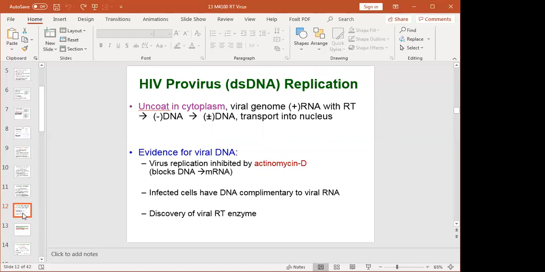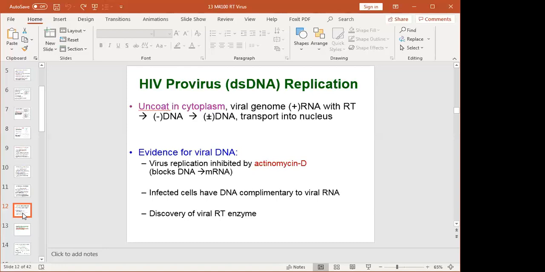HIV provirus is a double-stranded DNA. How does it replicate? So the virus gets into the cell. It uncoats in the cytoplasm, meaning that the capsid and the genome will be separated from each other. The viral genome is single-stranded positive RNA, but remember, there are two copies of this positive RNA that are associated to each other at a region called the dimer linkage site.